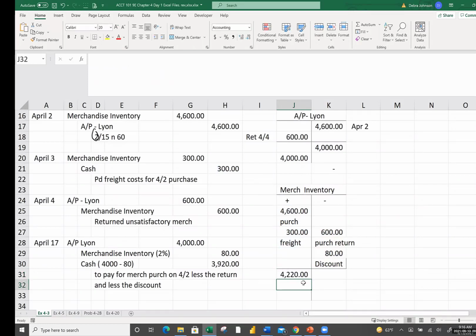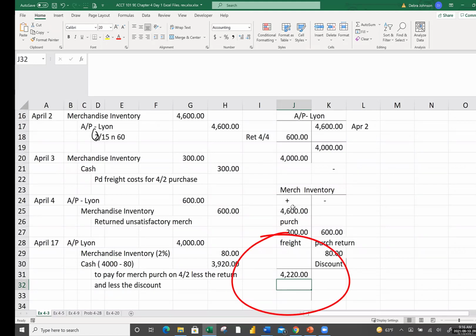Hopefully I did that math right. Let me get my calculator out because I'm not sure if I blew the Excel thing really quick. 4220 is right. That's how much I've spent net on that inventory.